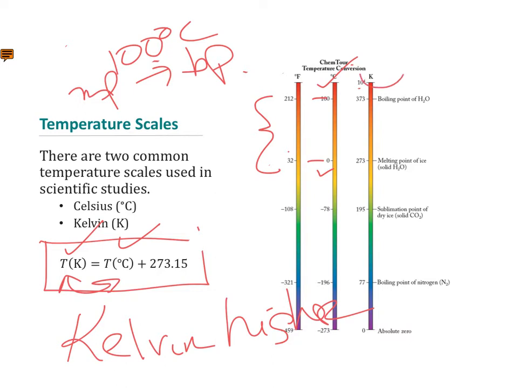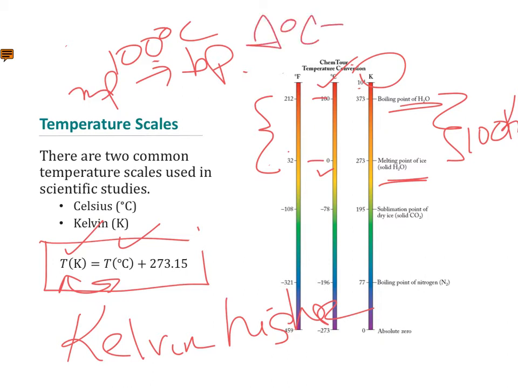So on the Kelvin scale, the difference between melting point and boiling point is also 100 Kelvin. Okay, so the difference in degrees Celsius equals the same difference in Kelvin. Okay, so anytime you have a mathematical formula where it's got this delta difference in temperature, it doesn't matter whether you're using Celsius or Kelvin. Okay.